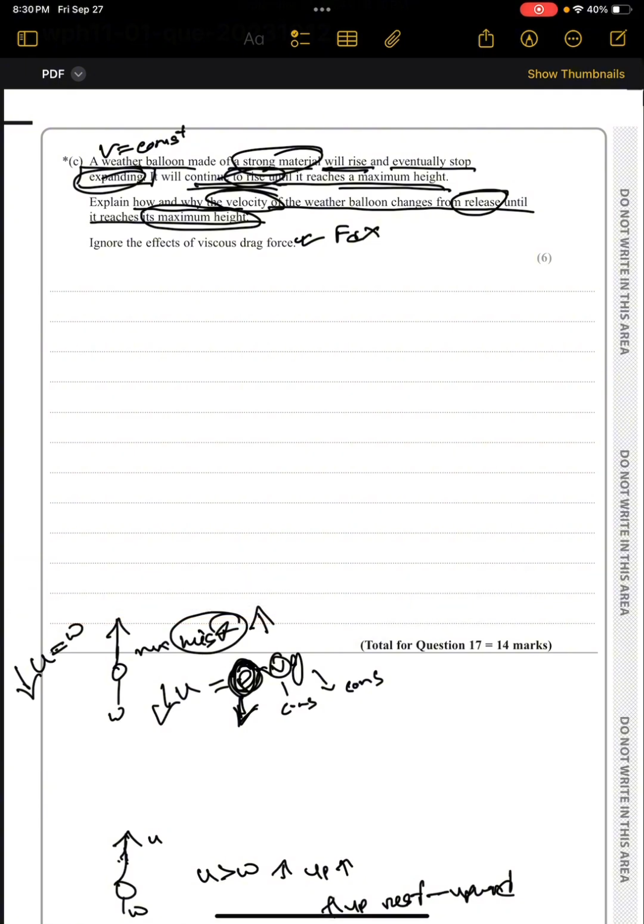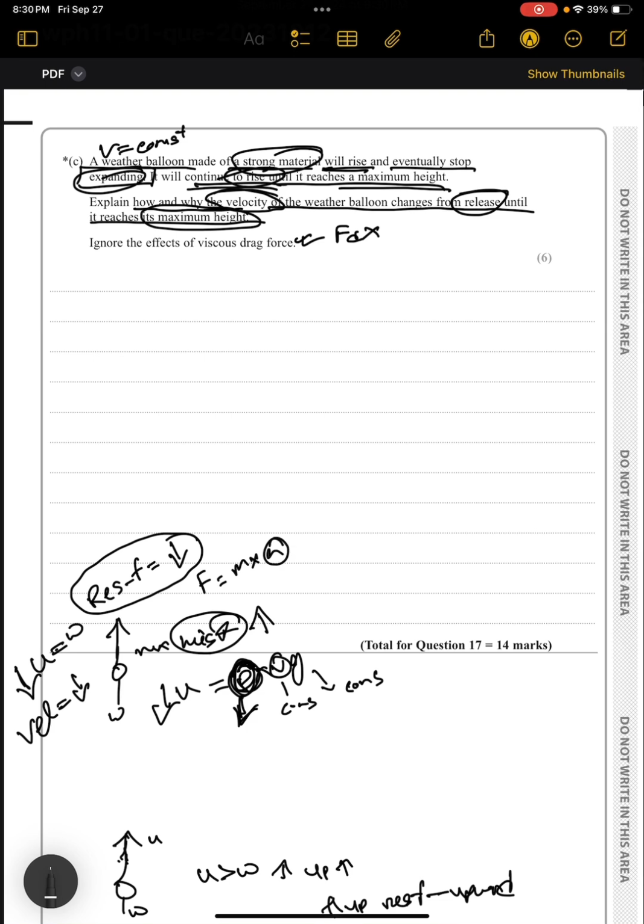As the upthrust starts decreasing, the resultant force becomes downward. We know force is equal to mass into acceleration. But the balloon is moving upward while the resultant force is downward, so the acceleration will also be downward. There will be a deceleration, so the velocity will decrease.